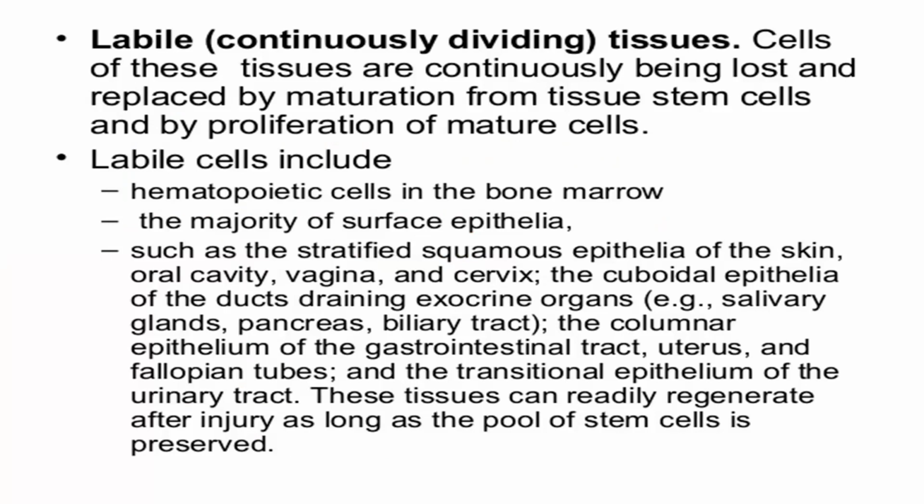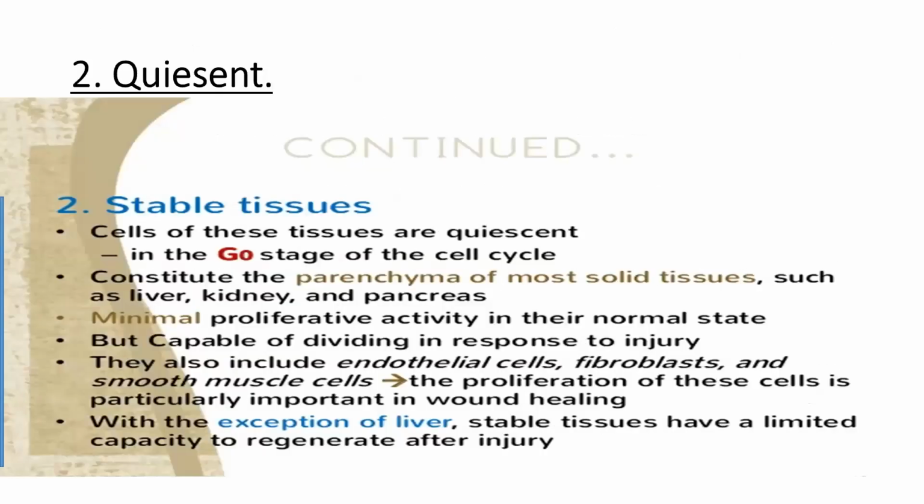Labile cells include hemopoietic cells in bone marrow and the majority of the surface epithelia, such as the stratified squamous epithelium of the skin, oral cavity, vagina, and cervix; the cuboidal epithelium of the ducts draining exocrine organs like salivary glands, pancreas, and biliary tract; the columnar epithelium of the GIT, uterus, and fallopian tubes; and the transitional epithelium of the urinary tract. These tissues can readily regenerate after injury as long as the pool of stem cells is preserved.